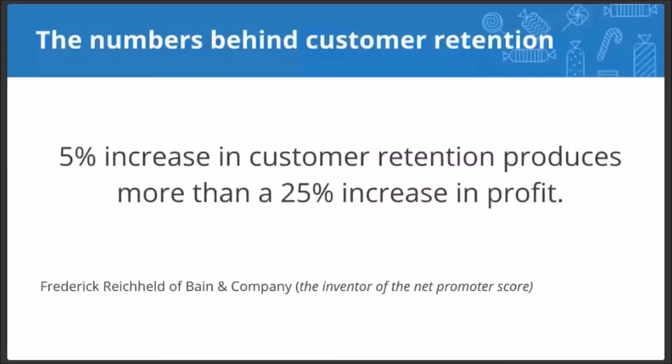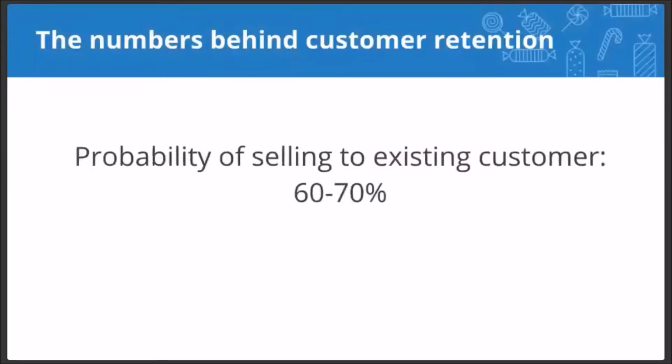Also, for those of you who work in sales, you probably know that the probability of selling to an existing customer is between 60 and 70%. Why? Because they already know your product. They know it so well that they were willing to pay for it, and they were happy to pay for it. If they were happy with the product, they will probably buy it again. All that education that you had to do is pretty much gone now.